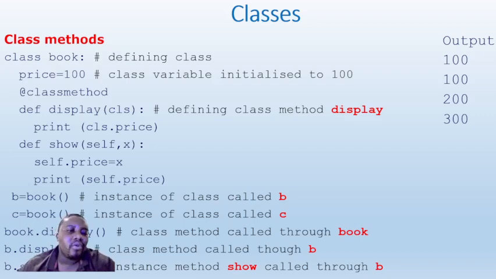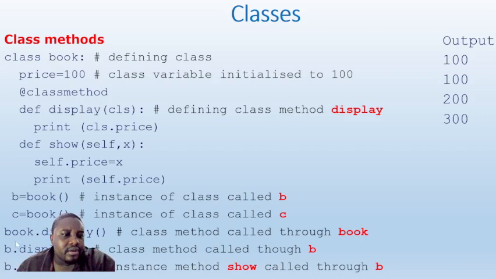You can go through this code and try it, and the output you will see is 100, 110 and 300, 200 and 300. In this code, each and every line has been commented so that you can know the meaning of what it does.